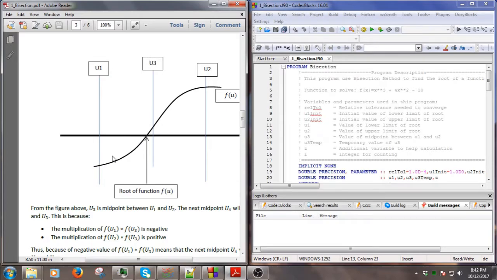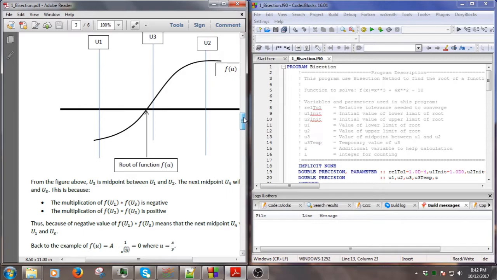Positive multiplied with negative. But if we multiply f(u2) and f(u3), it will be positive. So the next region to calculate is basically the location where the multiplication of the function values is negative. That's how we decide the region to calculate.